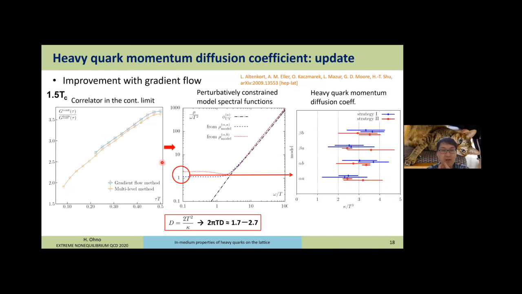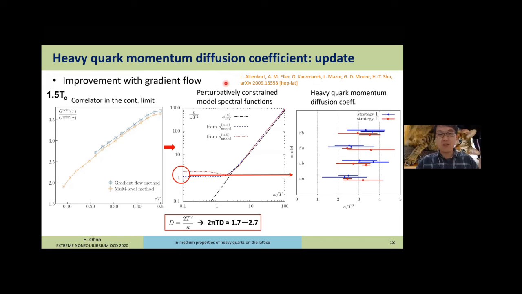And also, very recently, an updated study appeared on the arXiv.